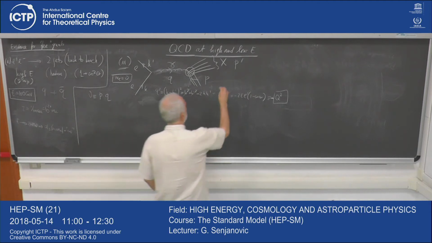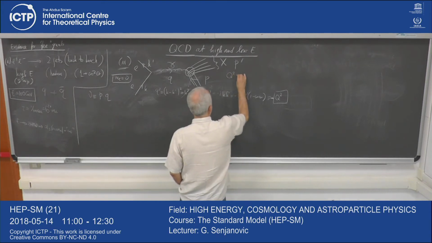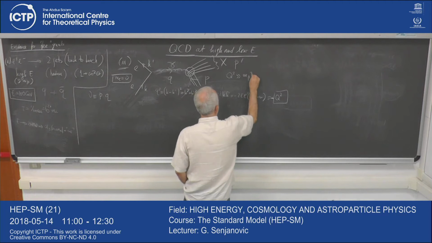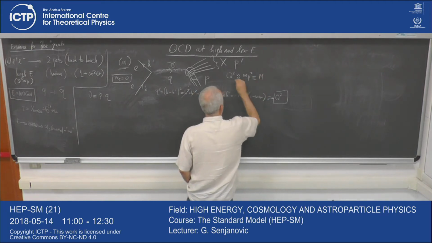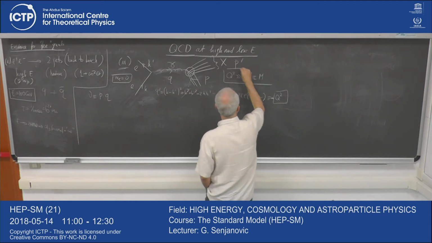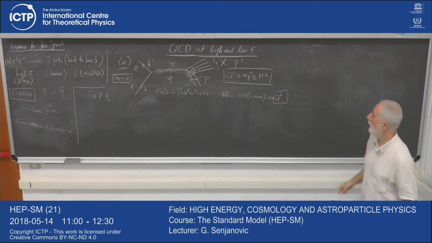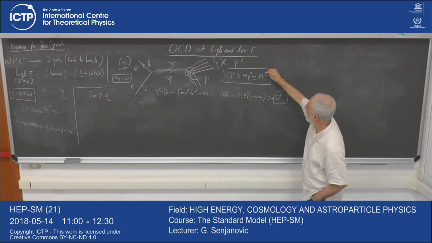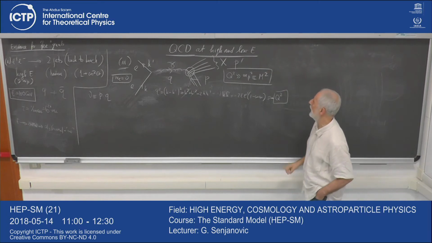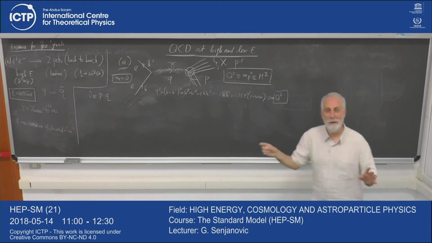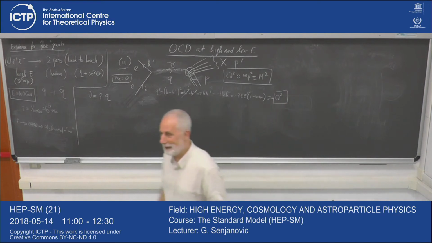And we want to work with Q squared much bigger than m_p squared, which I'm going to call capital M. And most of the time I'll be able to neglect it except when I can't, because it's in the denominator or whatever.